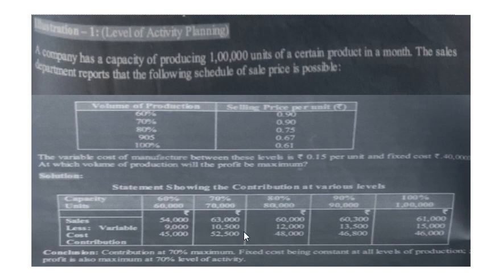So the conclusion is that contribution at 70% is maximum, and with fixed cost being constant at all levels of production, profit is also maximum at 70% level of activity. So it is better to select the 70% level of activity and start producing 70,000 units in order to get better profit.